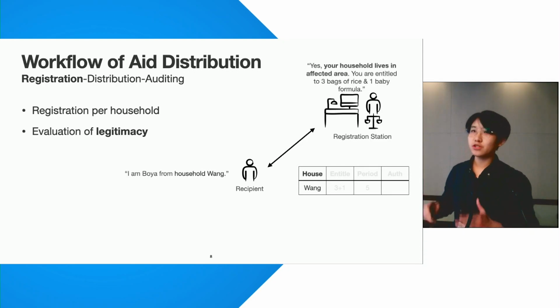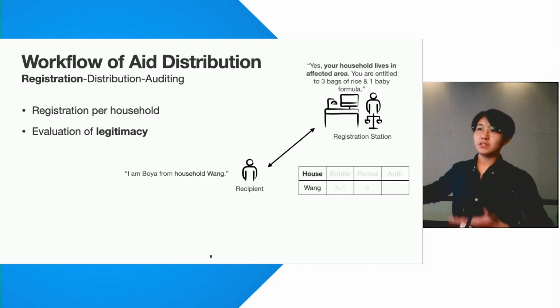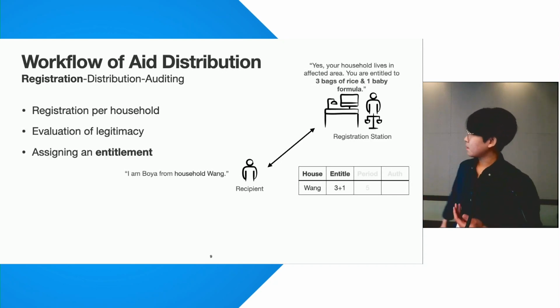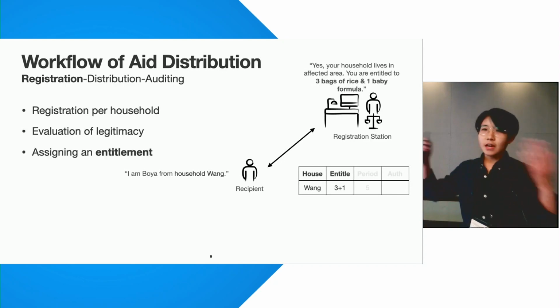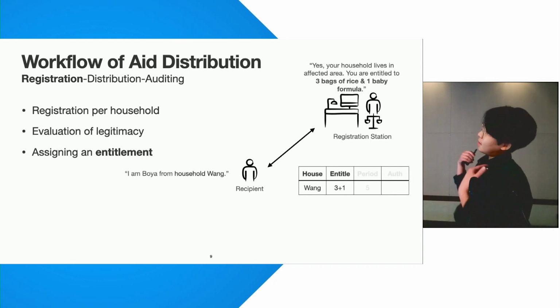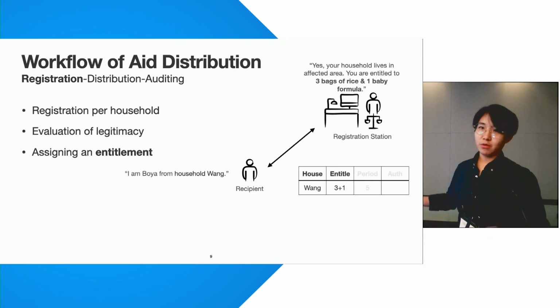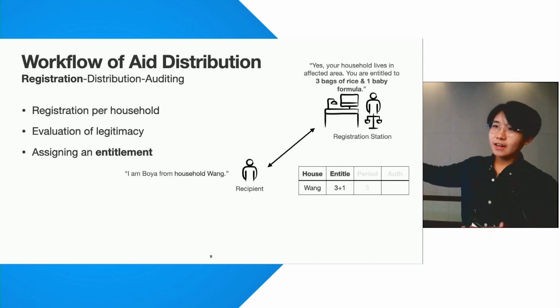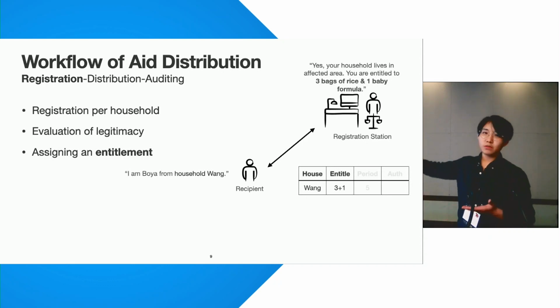The station will check the legitimacy by assessing people's need and then decide whether they are entitled to receive aid. For example, this household has 3 people and 1 baby. It is entitled to 3 bags of rice and 1 baby formula. The station will write down the entitlement information together with the household name.